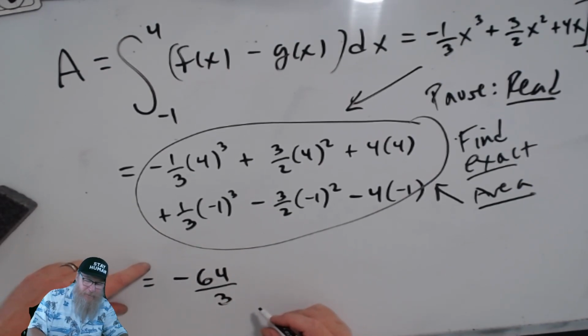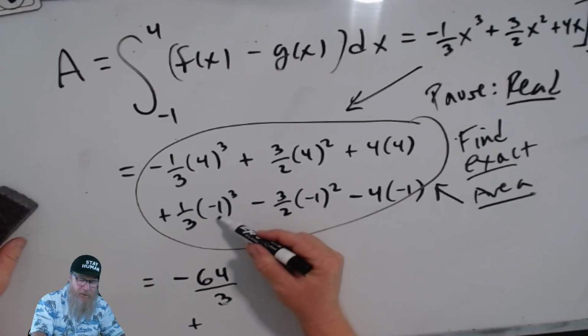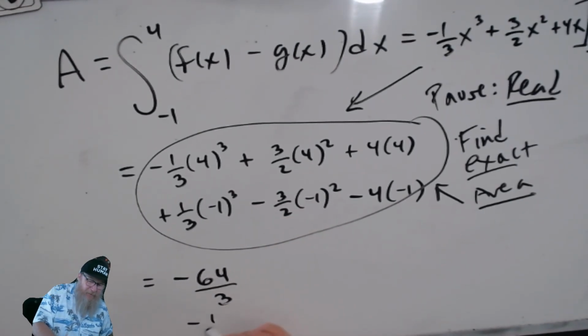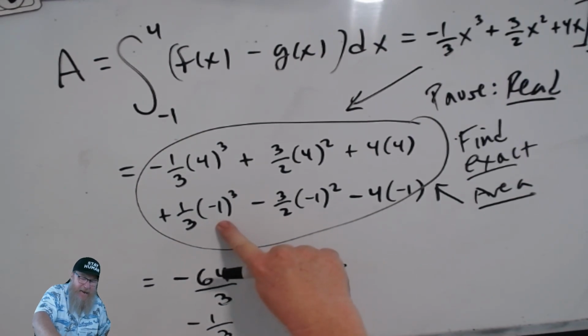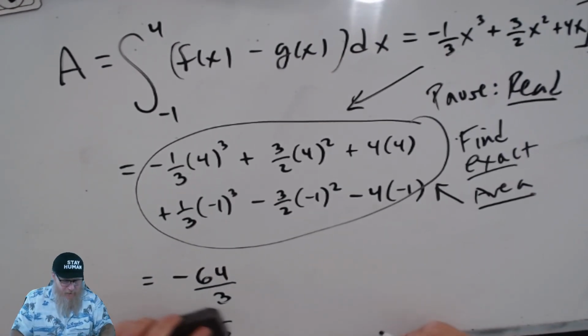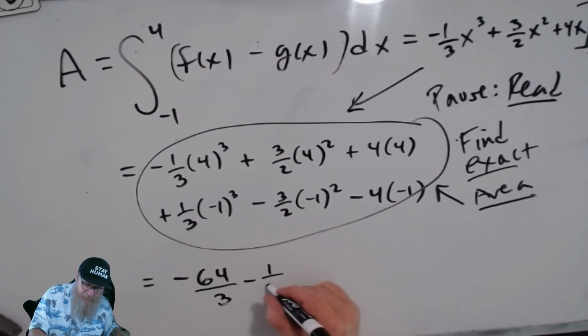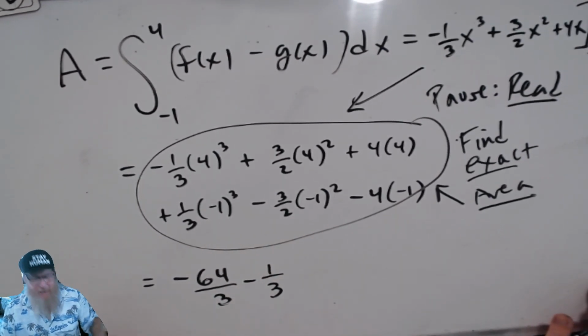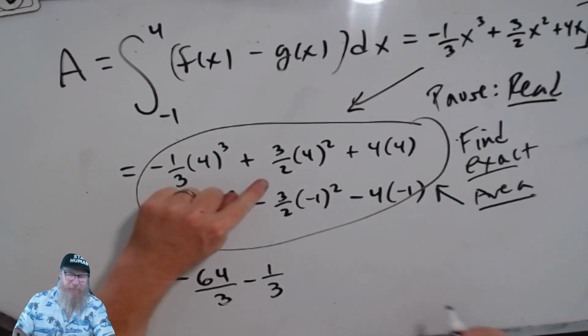-64/3. Oh, look, -1 cubed is going to be -1, so that's going to be -1/3. I'm going to go ahead and break my tradition. Since I'm not using a calculator, I'm going to write it all out horizontally.